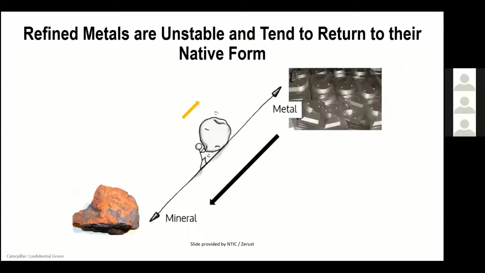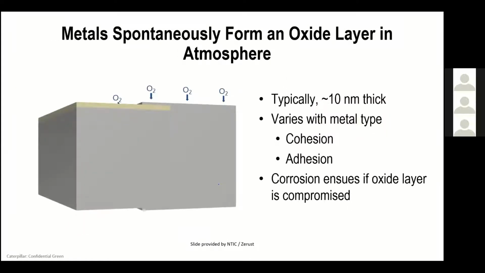As we refine these metals, they're really unstable, and so they have this tendency to go back to their native form, the form of the mineral, which we essentially refined. It does that because of the environment that it's in.